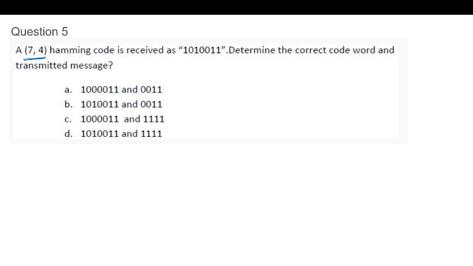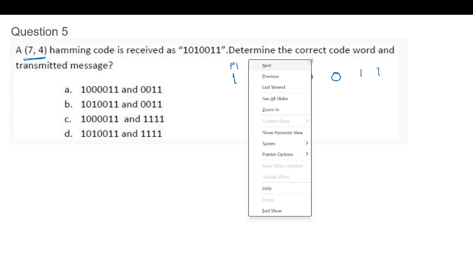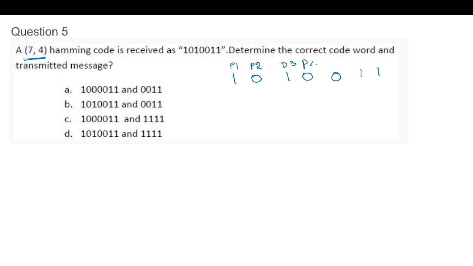This will be parity, this will be parity 2. I'll write it bigger: 1, 0, 1, 0, 0, 1, 1. So this will be parity 1, parity 2, data 3, data 4, then parity, then data, data, and data.